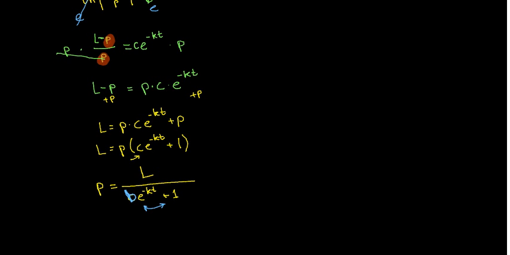Remember, L is the carrying capacity, and P is the population. Alright? So that kind of walks you through how that integration works. That will hopefully set you up for the next problem.